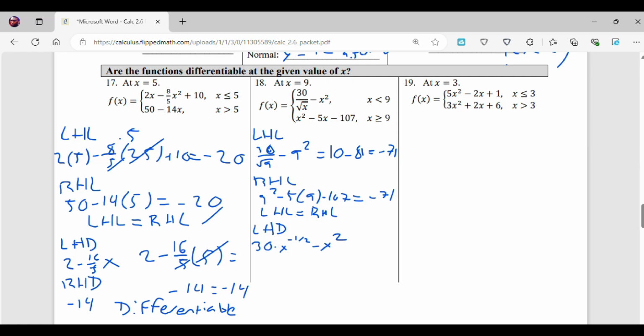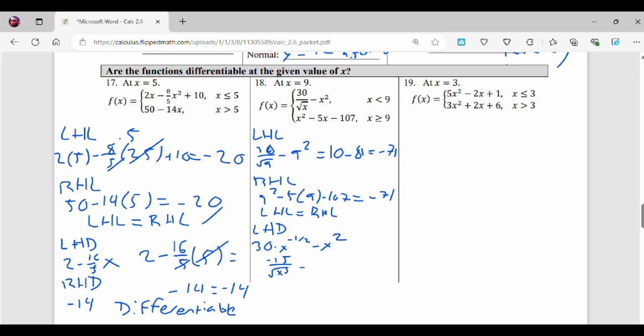So now we can do the power rule. 30 times negative 1/2 is negative 15. And then negative 1/2 minus 1 is negative 3 over 2. Since we have a negative, now we can bring it back down. So 3 over 2 is just the square root of x cubed.